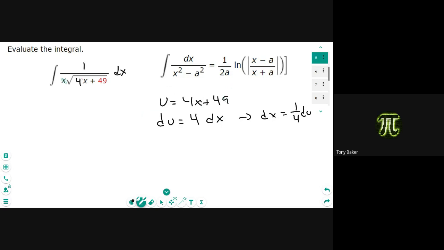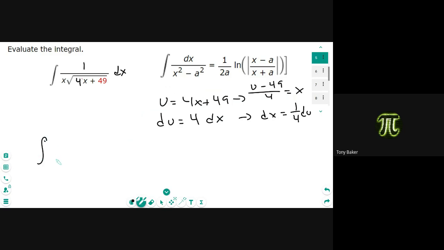But I also have that little x right there. So let's solve this: u minus 49 over 4 equals x. It's not a definite integral, so I can't find the endpoints, so we're going to have to go back at the end.